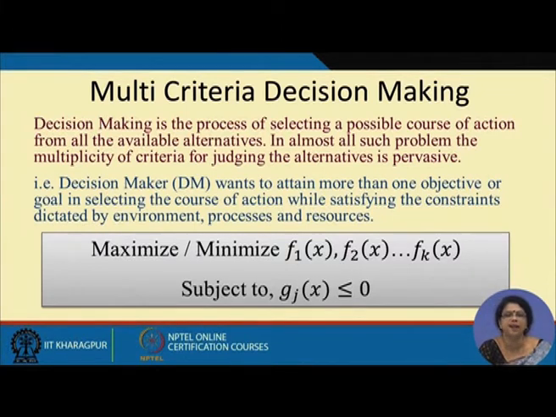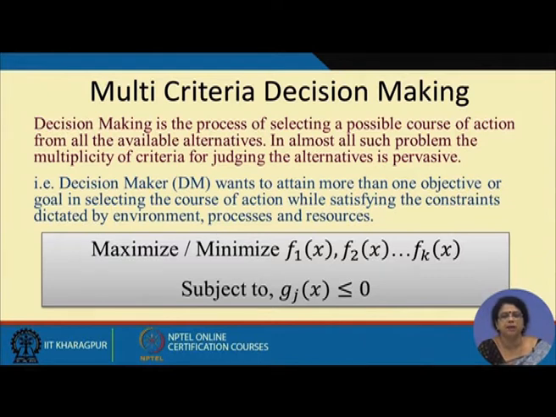We call this kind of problem a multi-criteria decision making problem, but it will take the name multi-objective decision making problem when we have the feasible space with an infinite number of options. But if in the feasible space we have a finite number of options, we call the multi-criteria decision making problem a multi-attribute decision making problem.